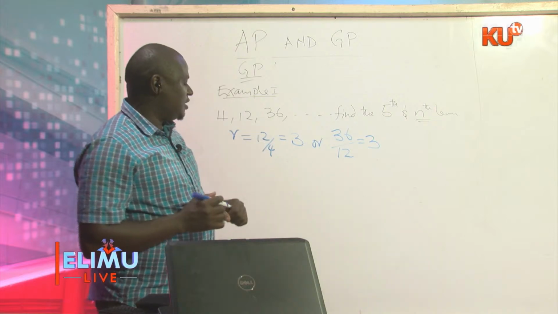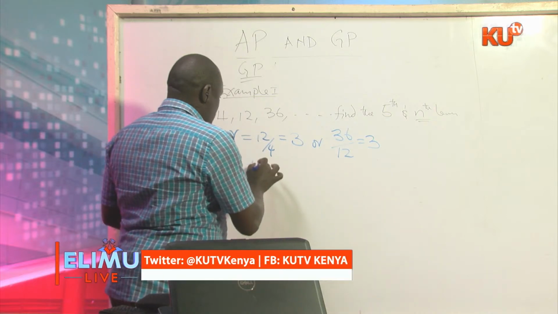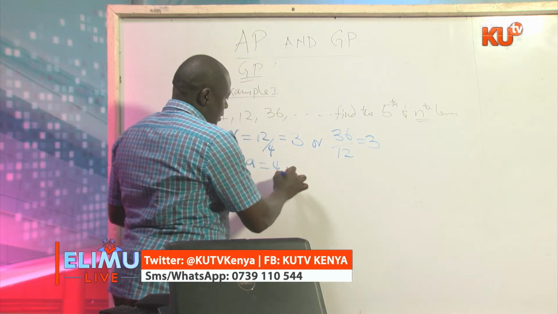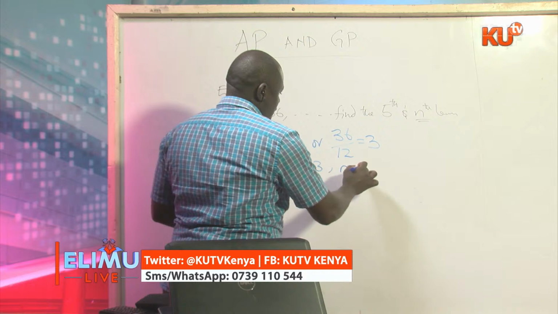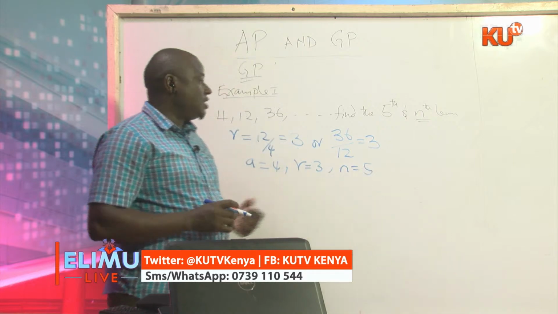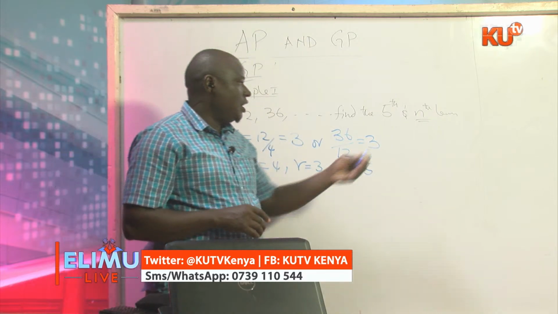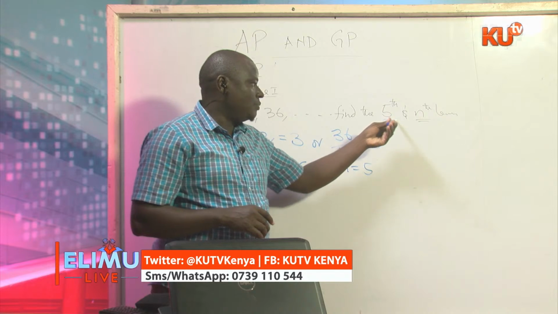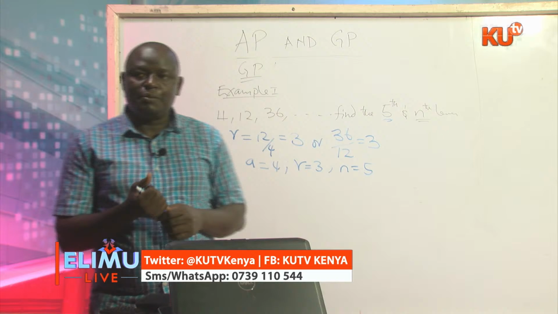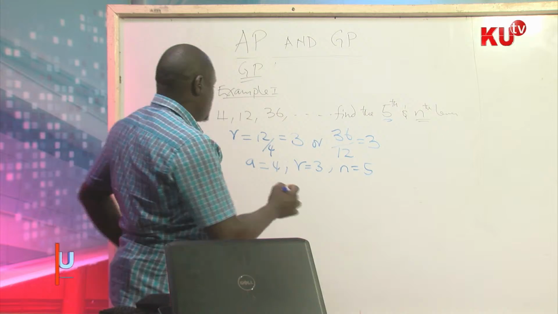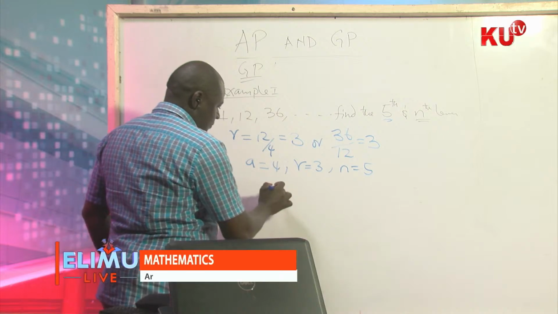If we have R as 3, our A is 4, our R is 3, and we want N as 5. So what is the fifth term? Our fifth term will be given by A R raised to power N minus 1. In that case, that is 3.